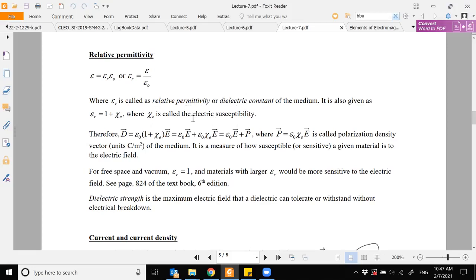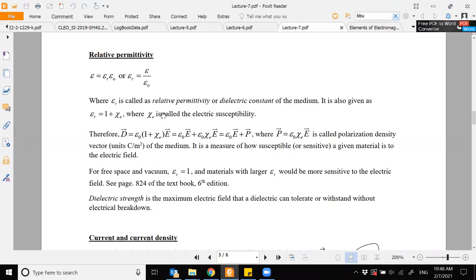That means it's a quantity of a material, and this quantity is telling us how much your material gets affected by the application of an external electrostatic field, or an external electric field, how your material will get influenced because of this field.